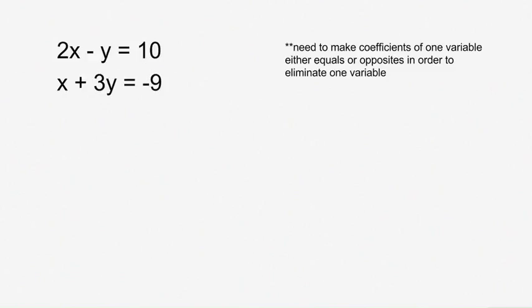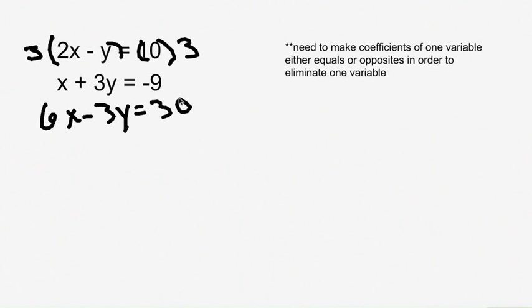In this case, we are going to multiply this top equation by 3. We have to multiply both sides, the whole equation, so it stays the same. Then we can rewrite this as 6x minus 3y equals 30.